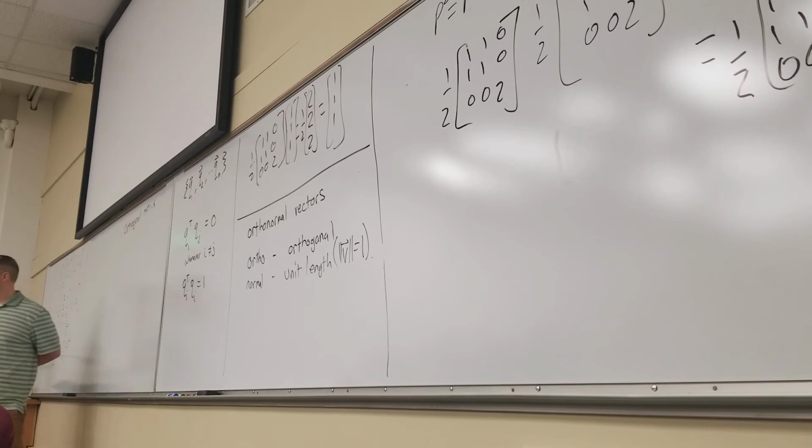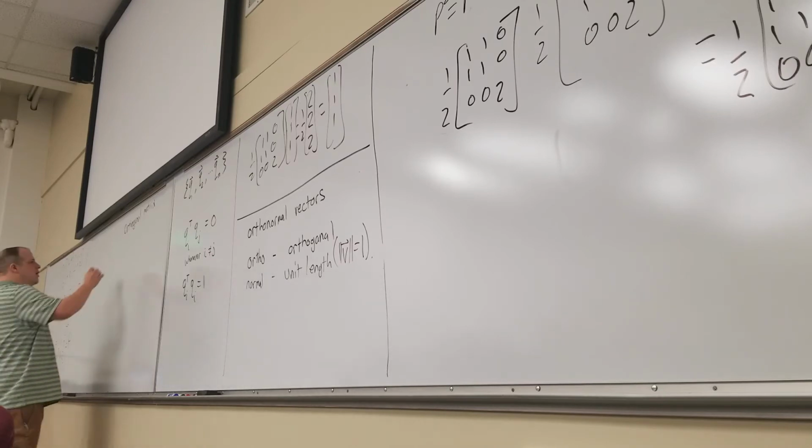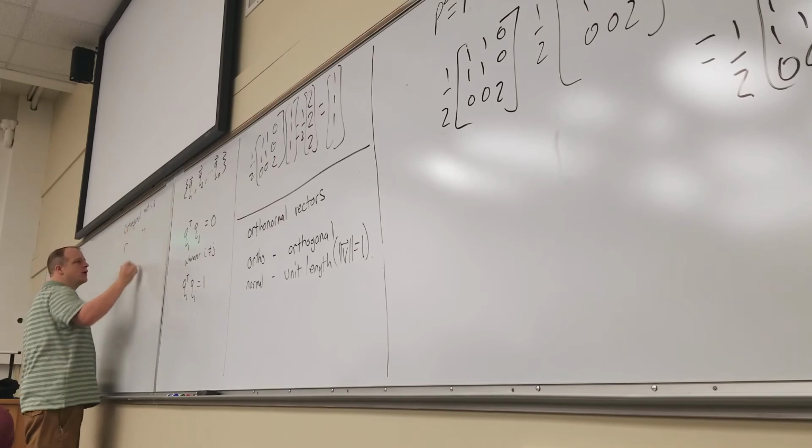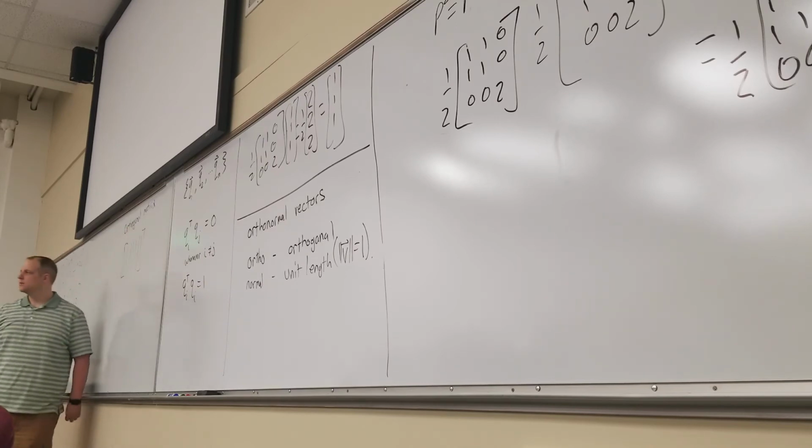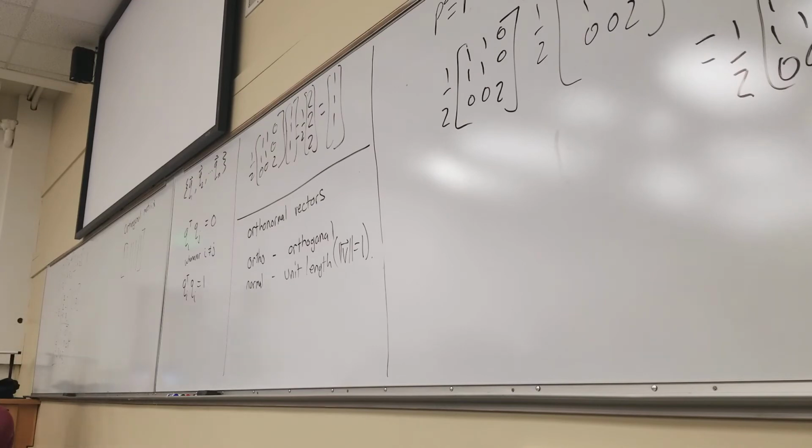Orthogonal matrix. Okay, I'll tell you what that is in just a second. Now that I've told you the name sucks, I want you to tell me what you think that is. A perpendicular matrix, right? I'll tell you. What it really refers to is the columns of the matrix having some sort of property.